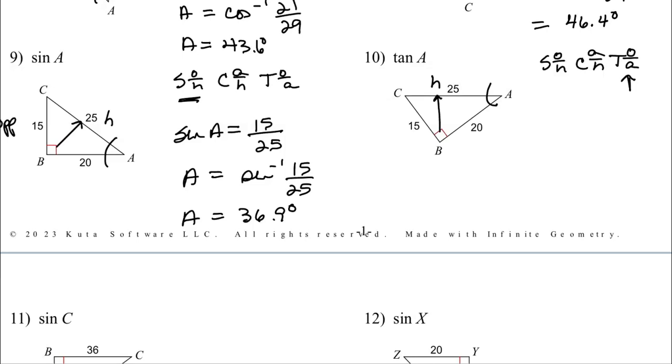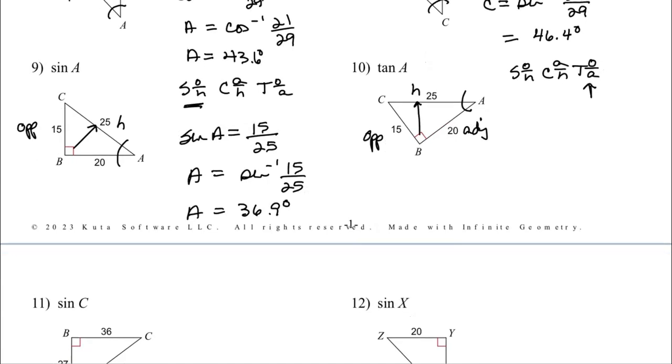So from A's perspective, straight across is opposite. And then the side that touches but is not the hypotenuse is the adjacent. So from A's perspective, the tan of A equals opposite, which is 15, over adjacent, which is 20.